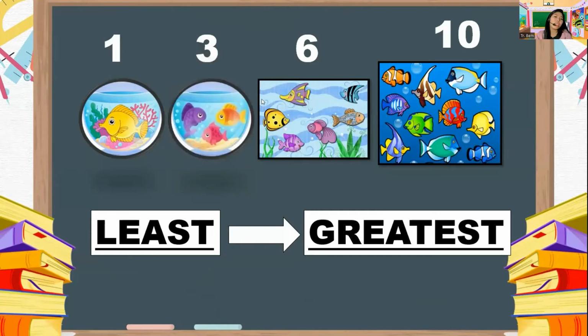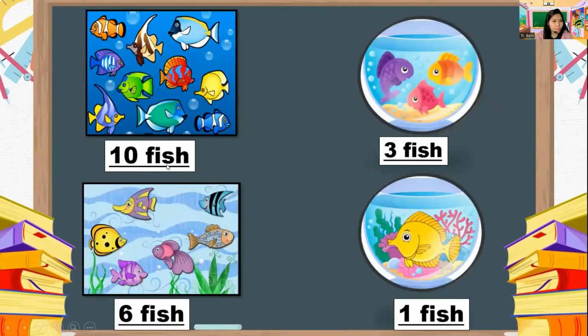Next after 3 is the number 6 po. And the biggest number is 10. So from least number or smallest number to greatest number. So this is how we're going to arrange it, from smallest number, which is 1, to the greatest number, which is 10. All right, let's have another example.